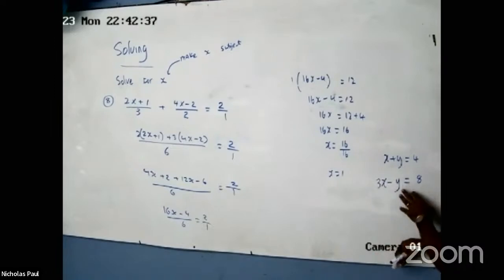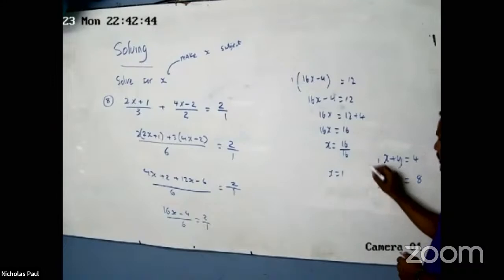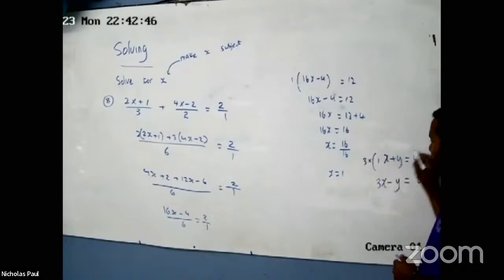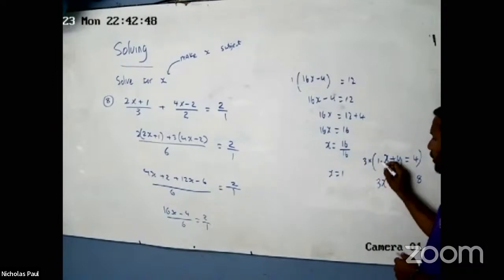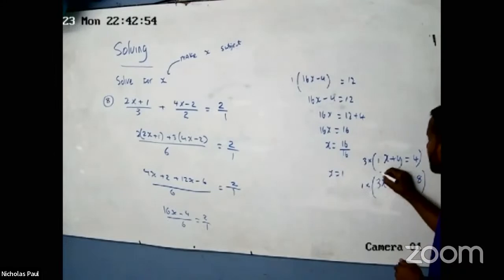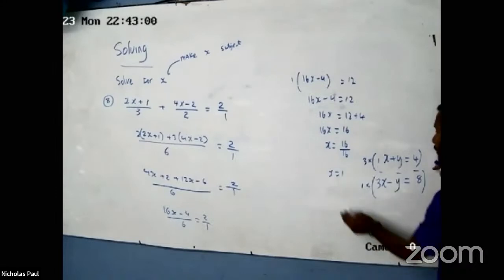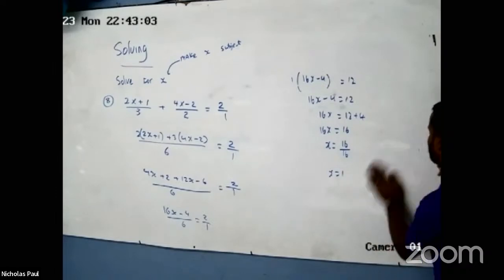There is an easier way here, but generally, here's what you will do. The number in front here is 3, so multiply this whole equation by 3. The number in front here is 1, so multiply this whole equation by 1. That will work no matter what. Then subtract the two equations and get your answer. I will show you how to handle all of that just now.